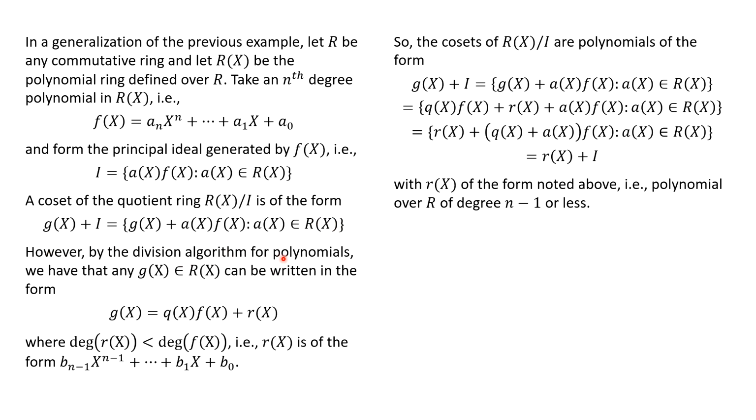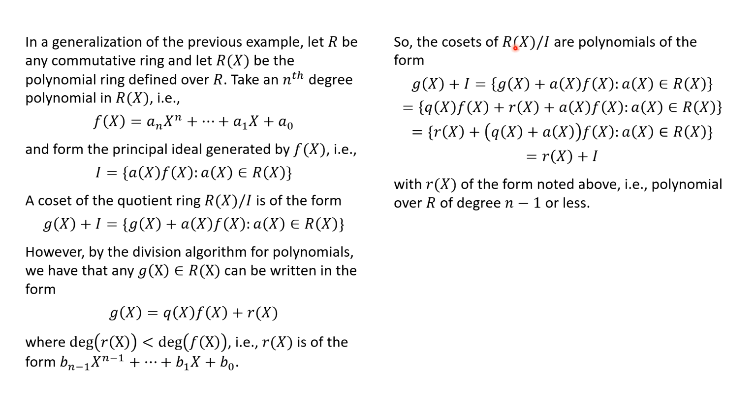However, by the division algorithm, which we employed in the previous example, we can write g of x in this form here, where you have q of x times f of x plus some remainder. Now in this case, the remainder is less than degree of f of x, so it's of degree n minus 1 or less, so it's of this format here.